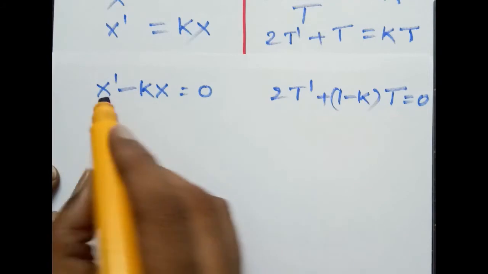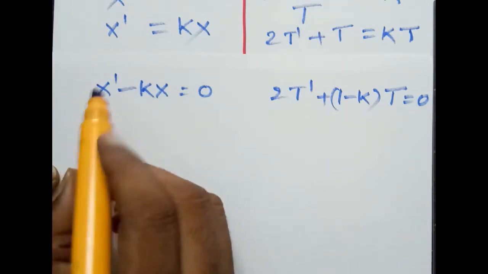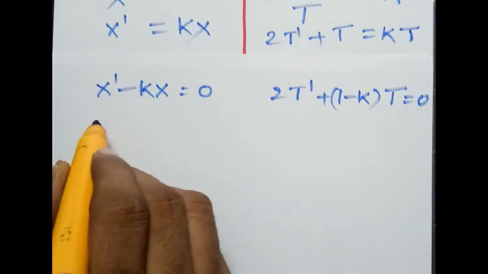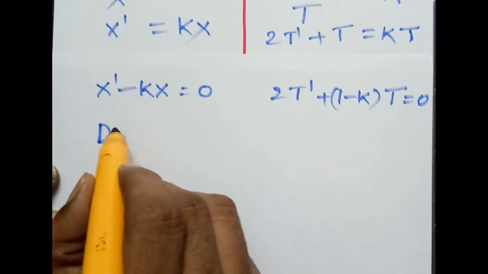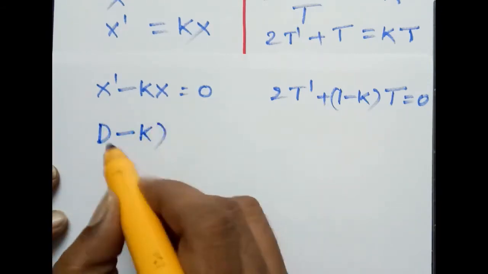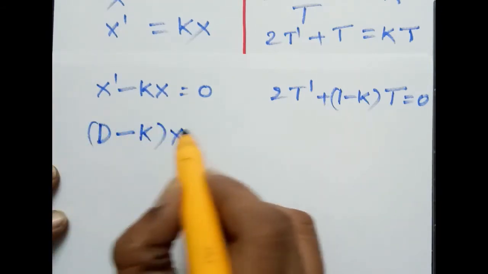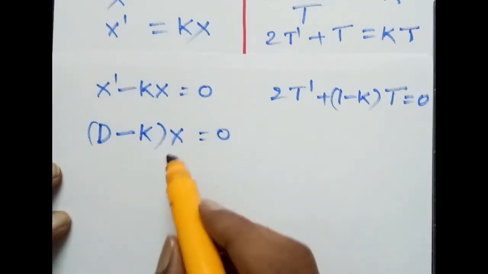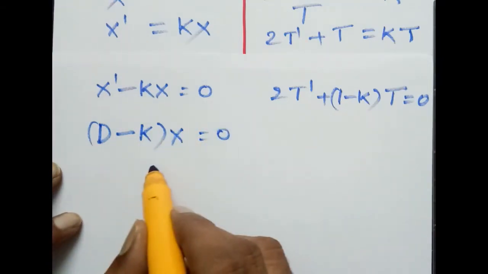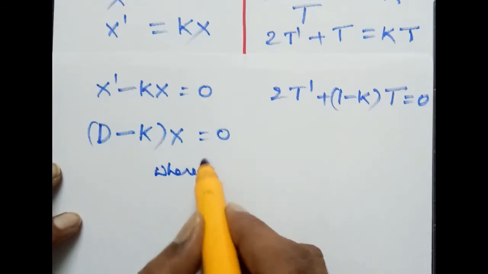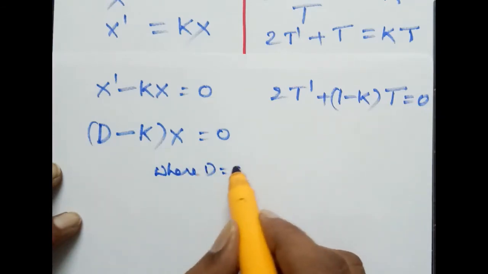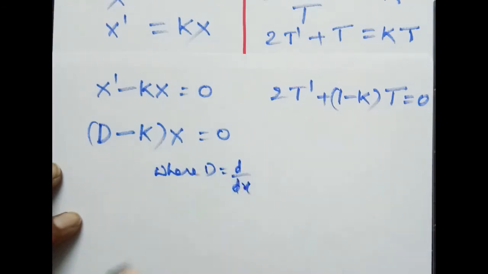Now this can be written as capital D minus k into X equal to 0, where capital D is equal to d by dx.